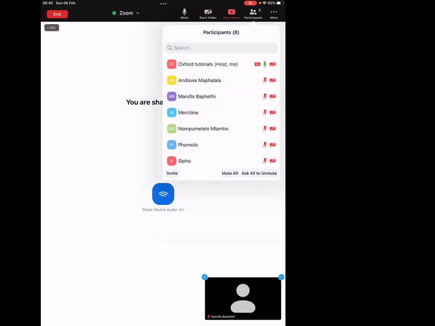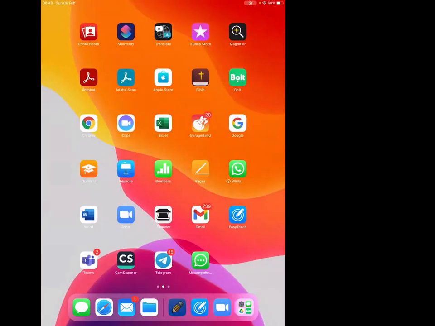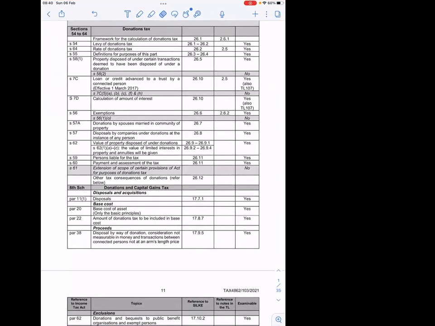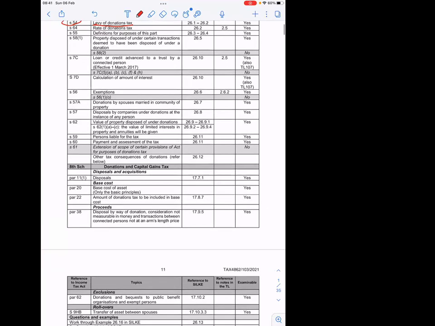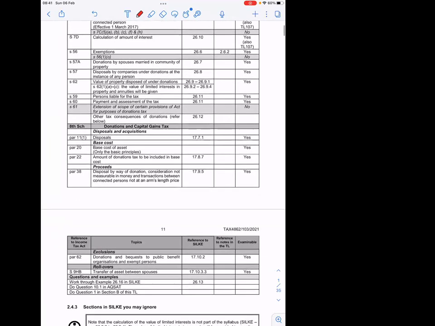We want to go to the first section that is part of our syllabus there. I'm not going to be fast on this one because you might be opening that for the first time. They said we should study section 54, which talks about the levy of donations tax. This is the information that we are accumulating and putting in our cells for the purposes of responding to questions. So don't take it lightly.